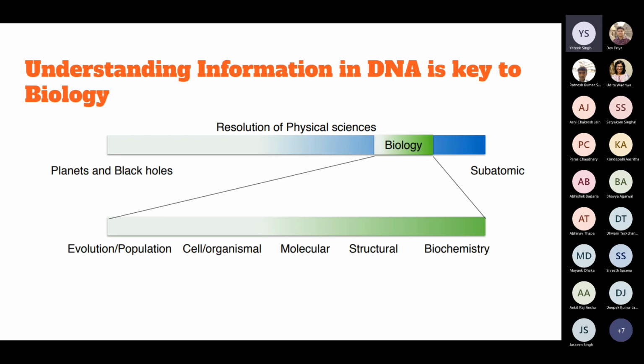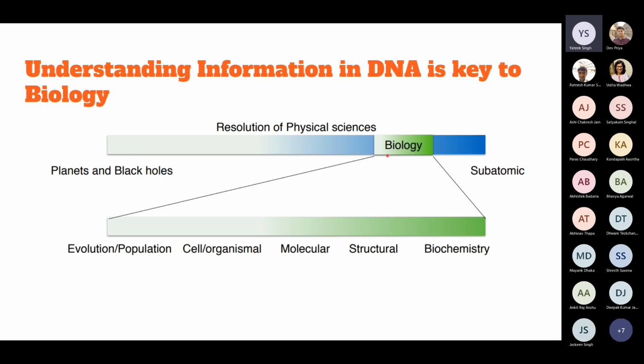When we talk about physical sciences, we can go from subatomic strings, like string theory, all the way to celestial bodies like planets and black holes. But you have to really understand that biology does not happen at the level of string theory or electrons, protons, neutrons, or at the celestial level.